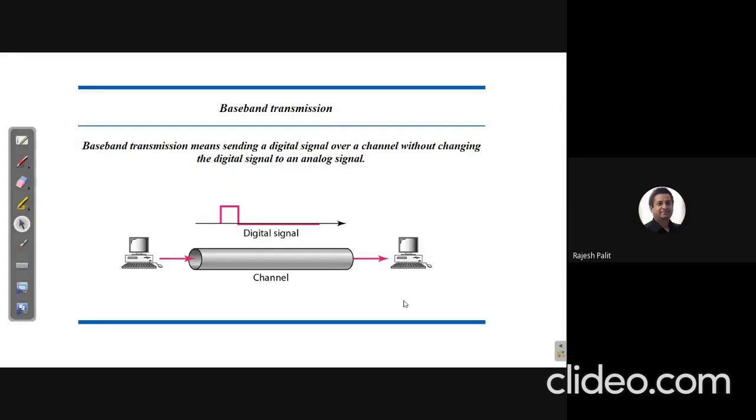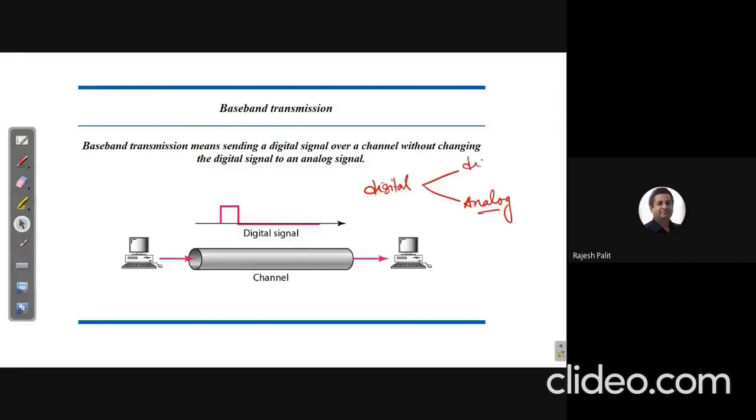So baseband transmission means sending digital signal over a channel without changing the digital signal to an analog signal. Okay, what does it mean? So we have the digital data. Definitely we can send digital data using analog signal.